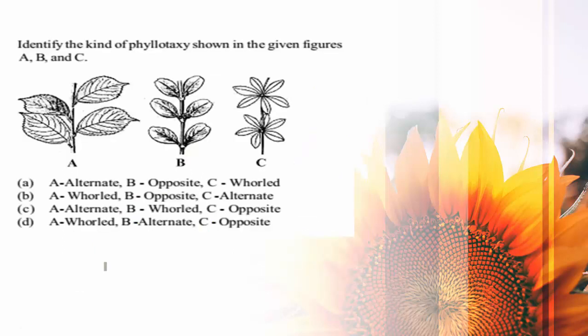Then coming to one more diagram based question. Identify the kind of phyllotaxy shown in the given figure A, B and C. What is phyllotaxy? The pattern of arrangement of leaves on the stem. In which pattern the leaves are arranged on the stem, it is called the phyllotaxy.